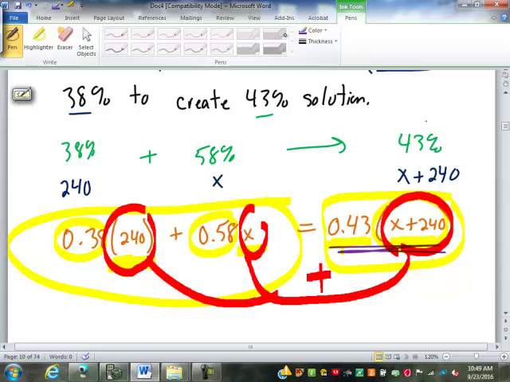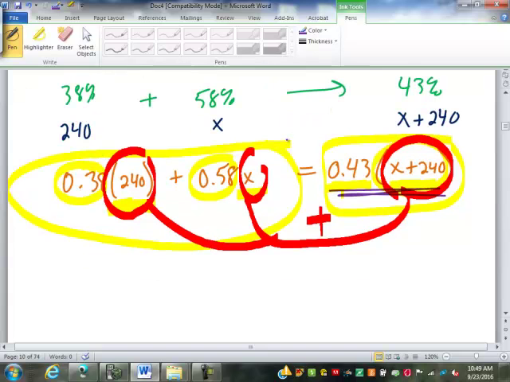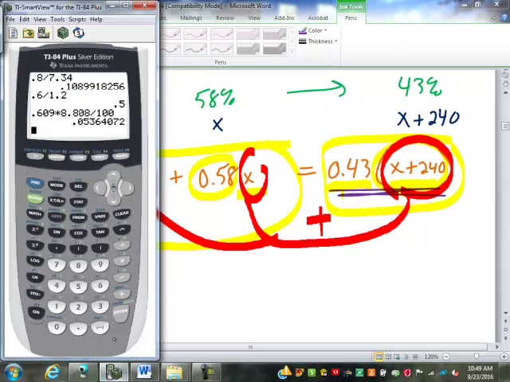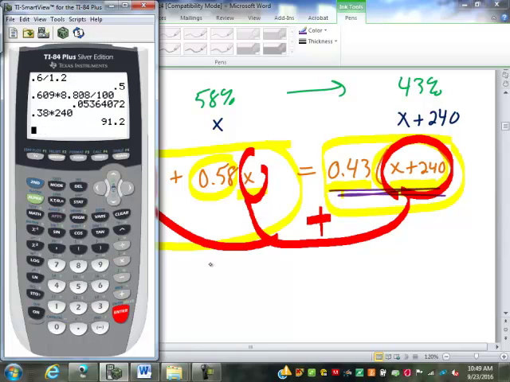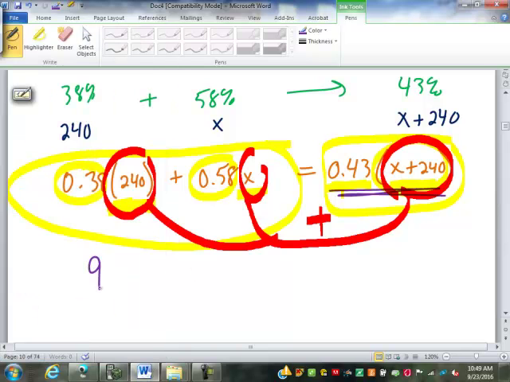So now from this point, we would solve the equation. 0.38 times 240 is 91.2 plus 0.58x.